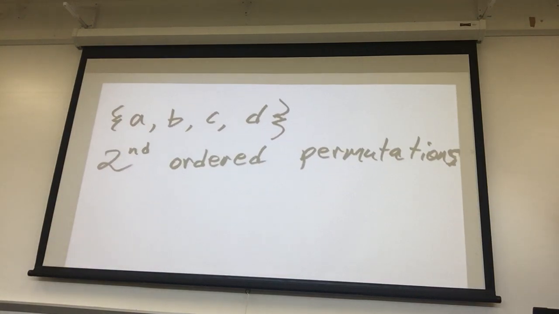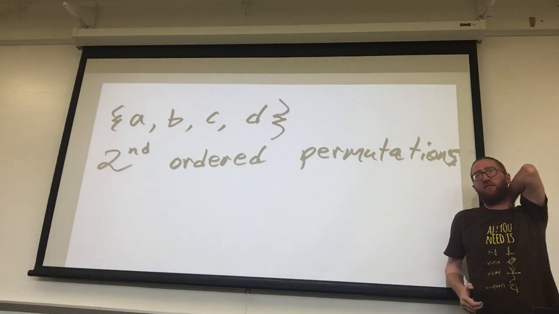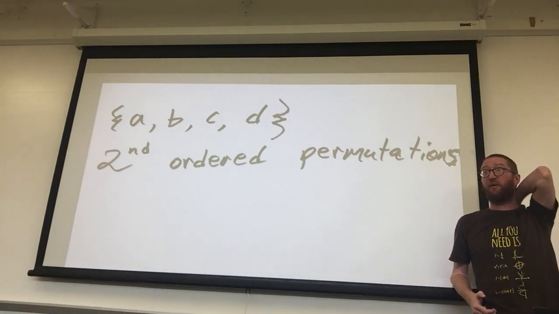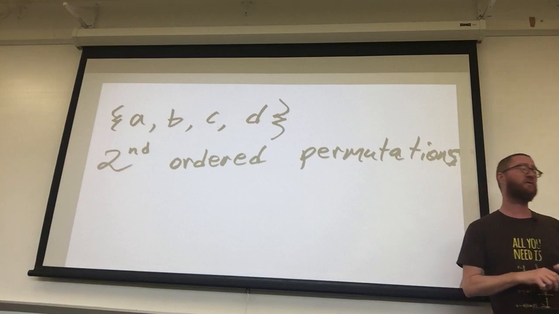Well, before you just start looking for all of the second order permutations of this set, why don't we say, okay, I want to figure out how many there would actually be, because I've got to get to that number.